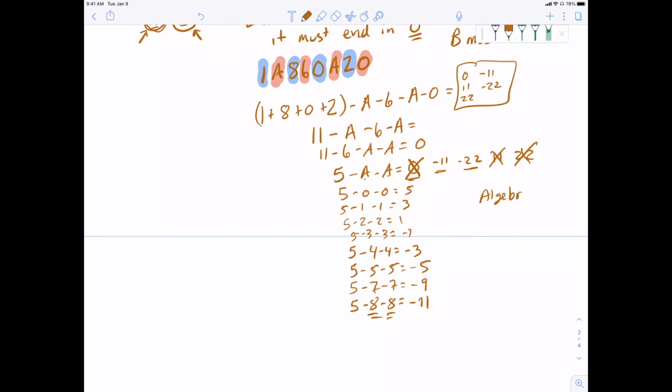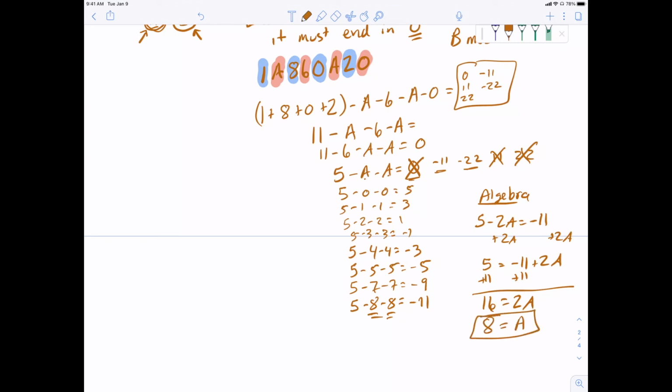I'm not saying anyone needs to know algebra, but if you said 5 minus 2A equals negative 11, I could add 2A to both sides, and I get 5 equals negative 11 plus 2A, and then I could add 11 to both sides, and I get 16 equals 2A. So if 2 times the number is 16, then A also equals 8.